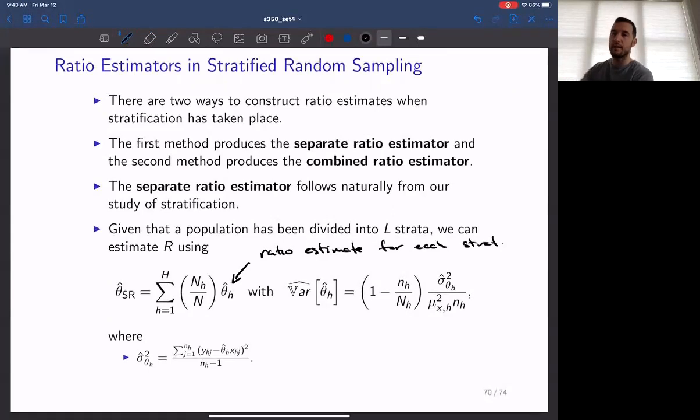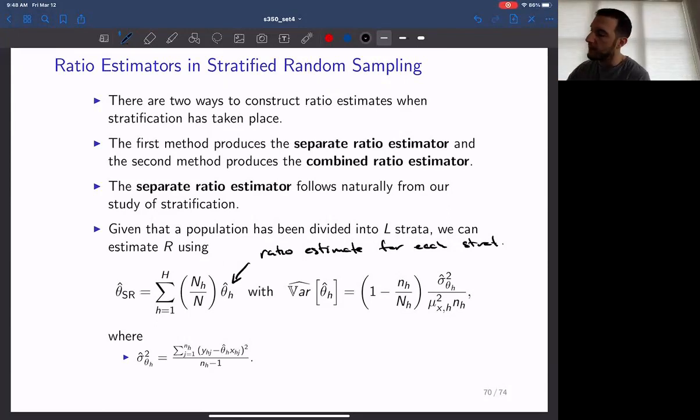That's exactly the same idea that we saw before when we first introduced stratification. So we break into different sectors and then we perform ratio estimation within each of the sectors or strata. I don't know why I keep using sector to describe strata today.